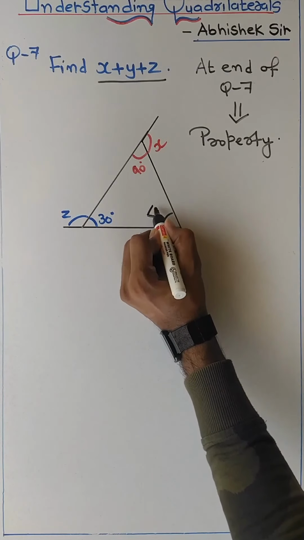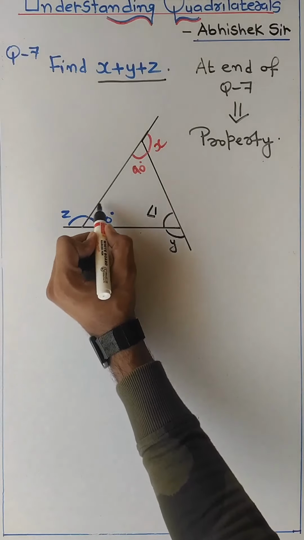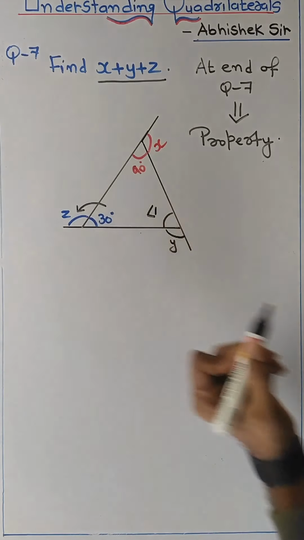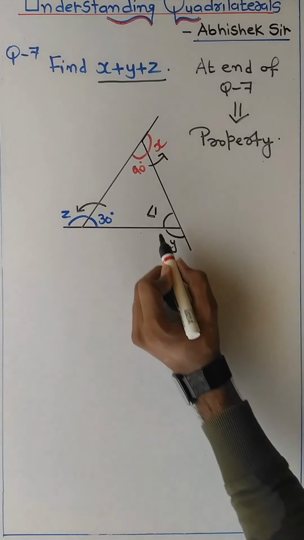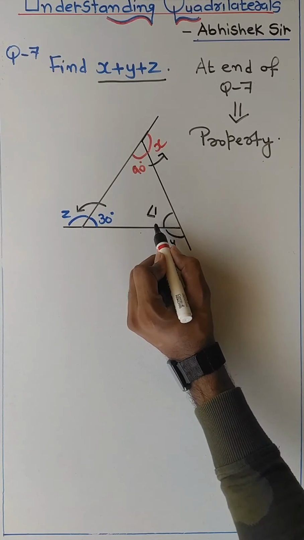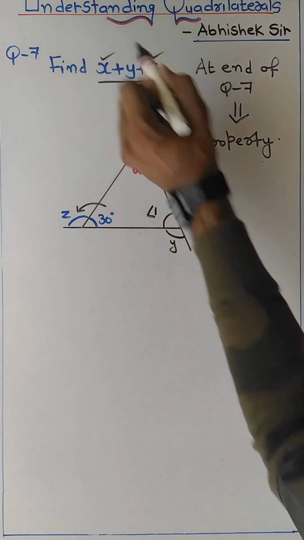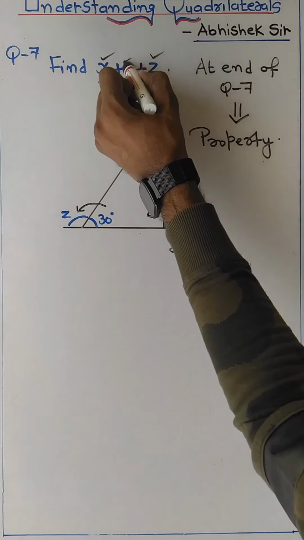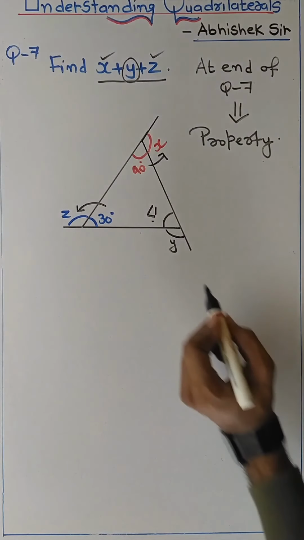Let us name this angle as angle 1, right? So over here we can apply linear pair property, over here we can apply linear pair property, but here we cannot apply linear pair property, right? So even if we get z and x, we can't find y because we haven't been given this angle, right?